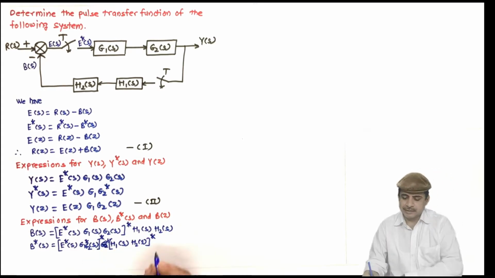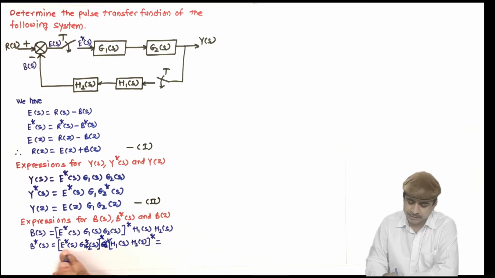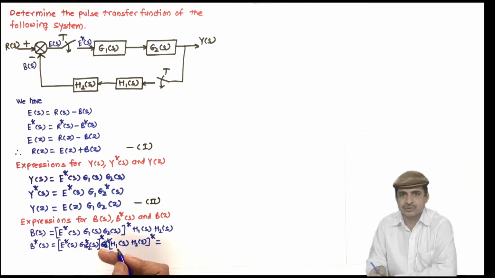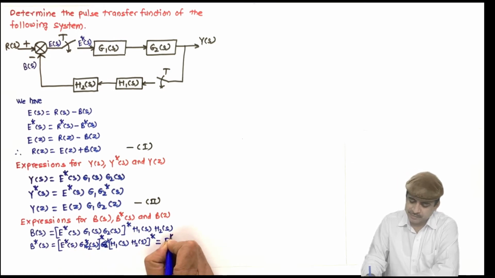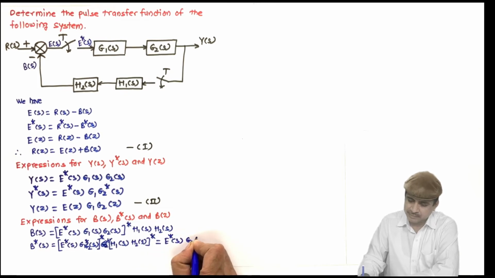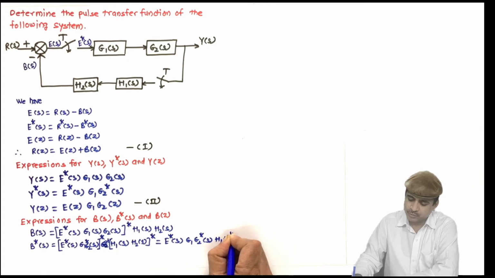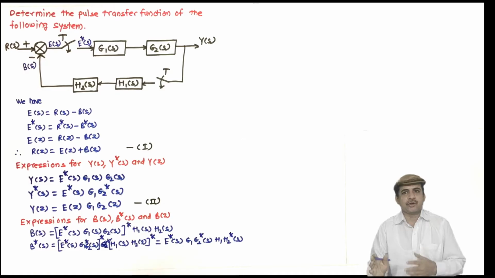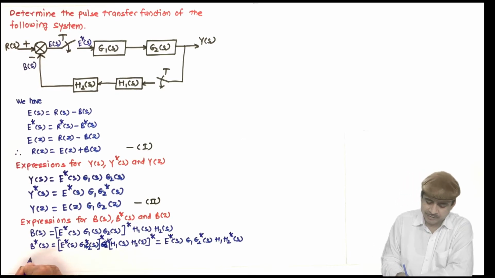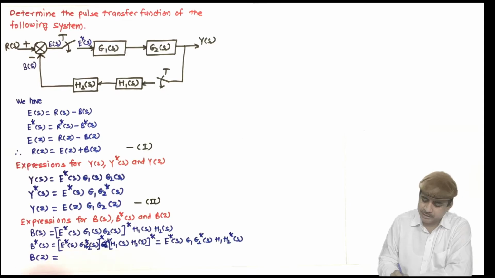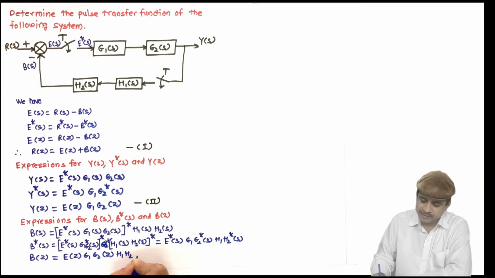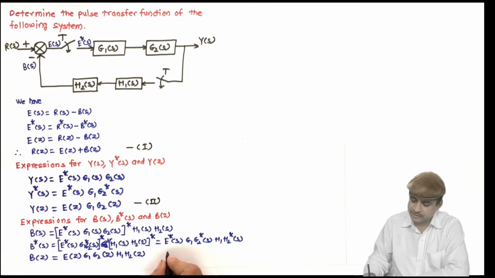This will be the star, and if I do this, they are already separated by a star, so X1* X2* whole star is X1* X2*. So this will be E* G1G2*(s), and this will be H1H2*(s). Why? Because H1 and H2 are not separated by a sampler. And then finally, if I take Z transform now, just replace every star(s) with Z, so it will be E(z) G1G2(z) H1H2(z), and let us mark this as 3.